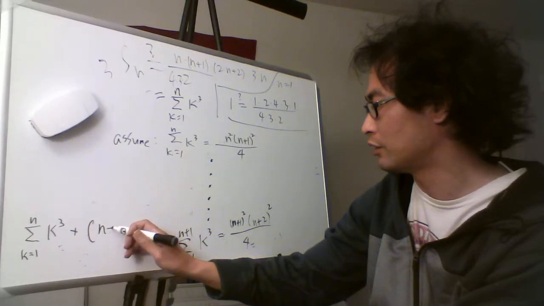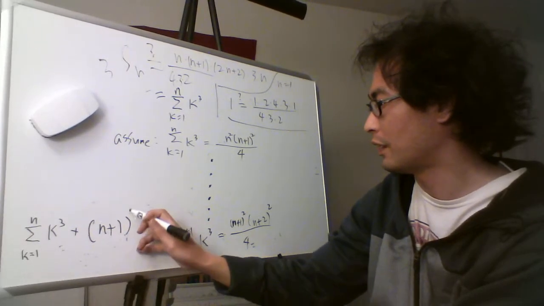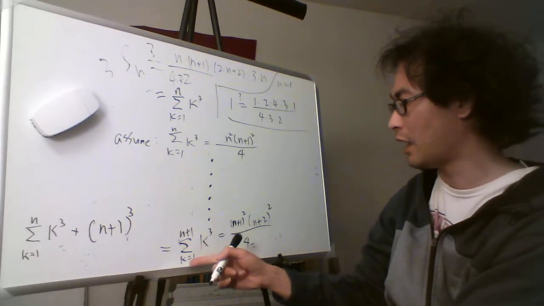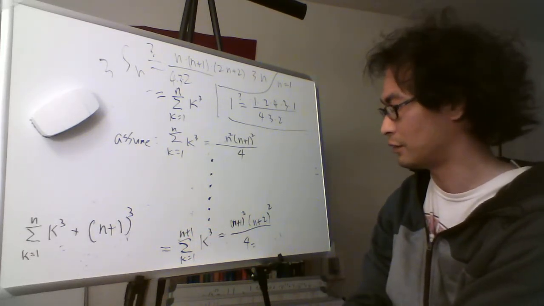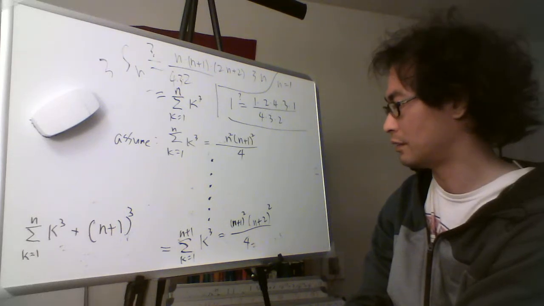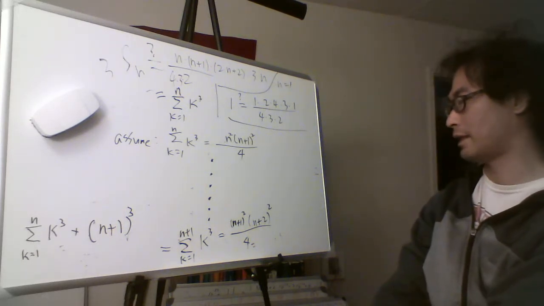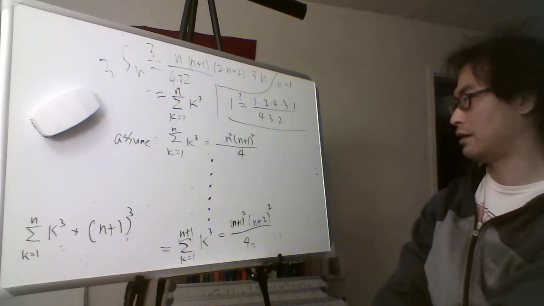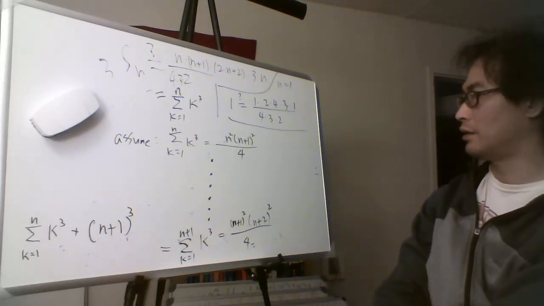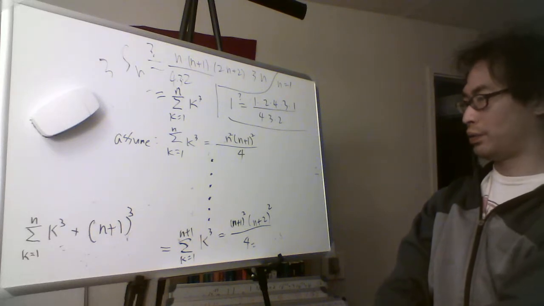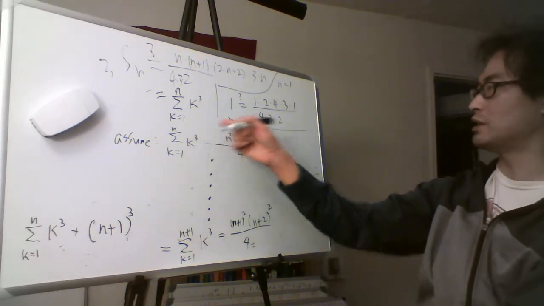N plus 1 cube. Okay, so K is equal to n plus 1. Okay, n plus 1 to the cube. That's this guy. Alright, and we assume this is correct.